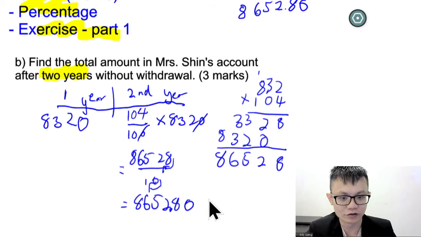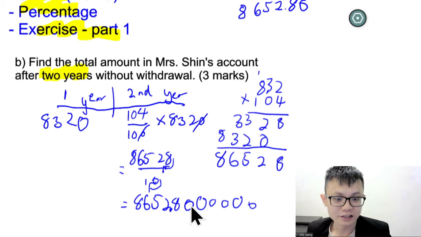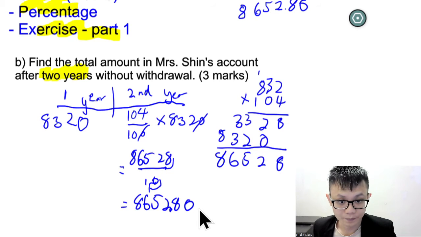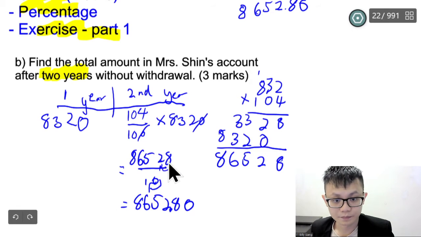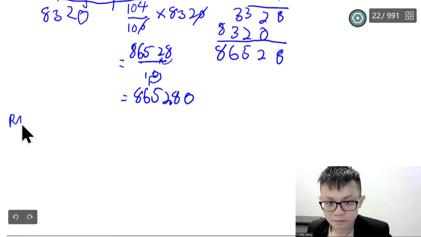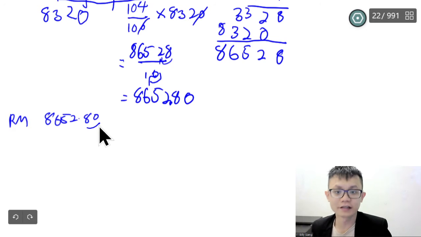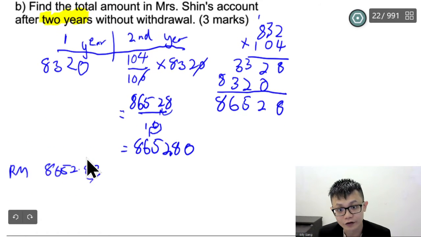I can add 0s as many as I want, but because this is cents, I just add one more 0 behind here. So the answer will be RM8652.80. This is the amount you will have in the second year when you put your money in the bank.